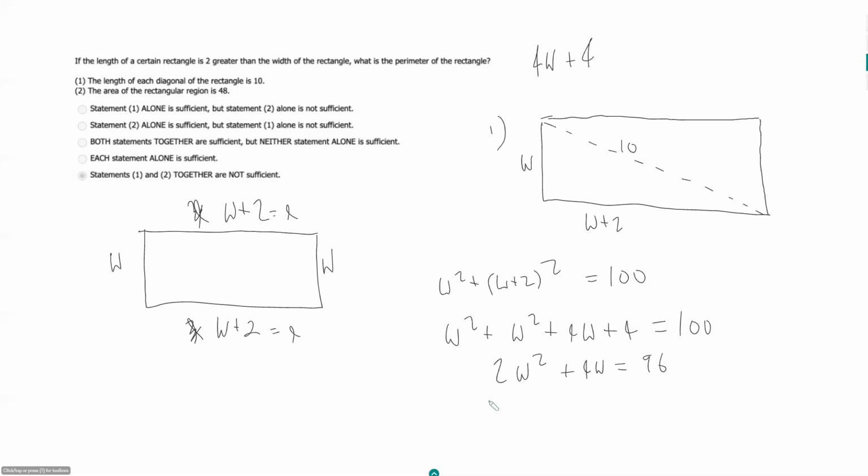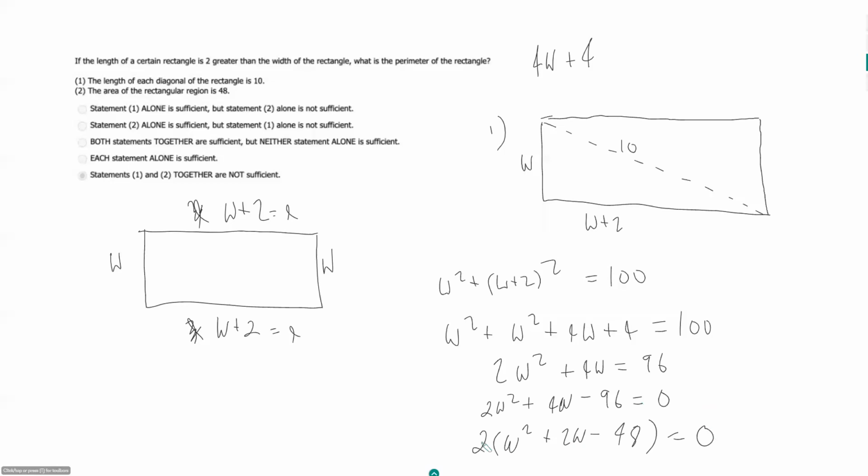So we can subtract this 96 from each side. Factor out a 2 on our left side, so we get 2 times W squared plus 2W minus 48 is equal to 0.